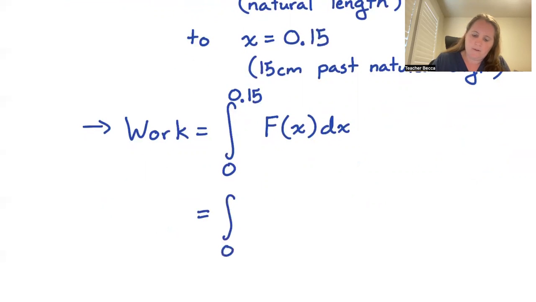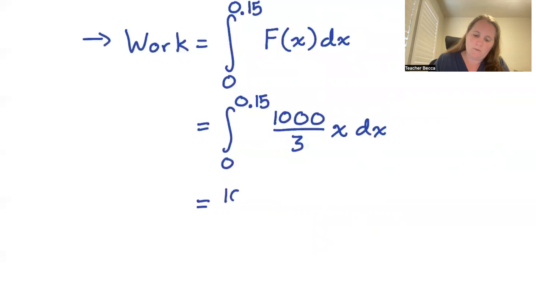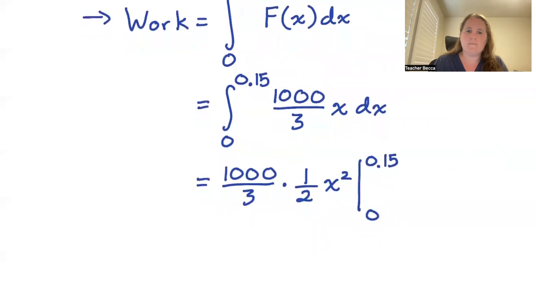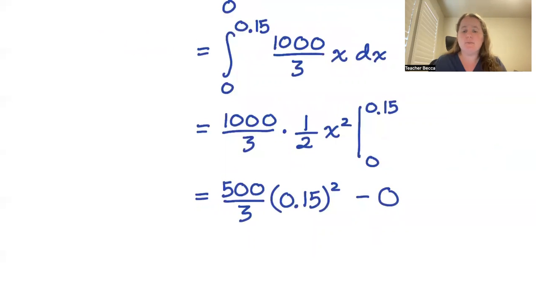This is, of course, the definite integral from 0 to 0.15 of 1,000 over 3 times x dx, which is just 1,000 over 3 times 1/2 x squared, evaluated from 0 to 0.15. So we are looking at 500 over 3 times 0.15 squared, and then subtracting off 0.